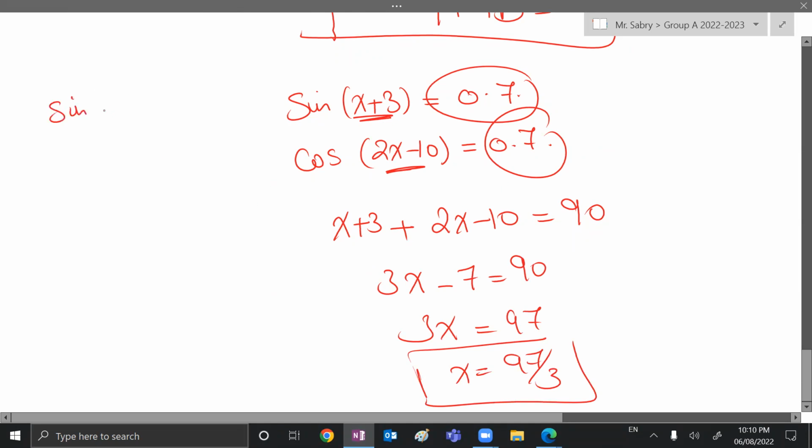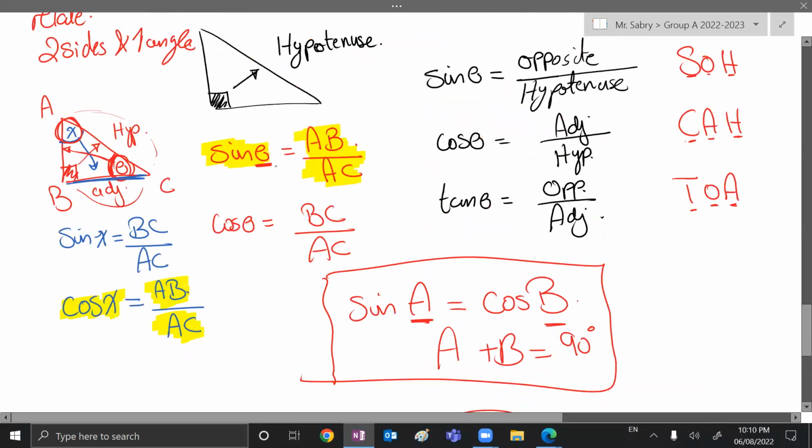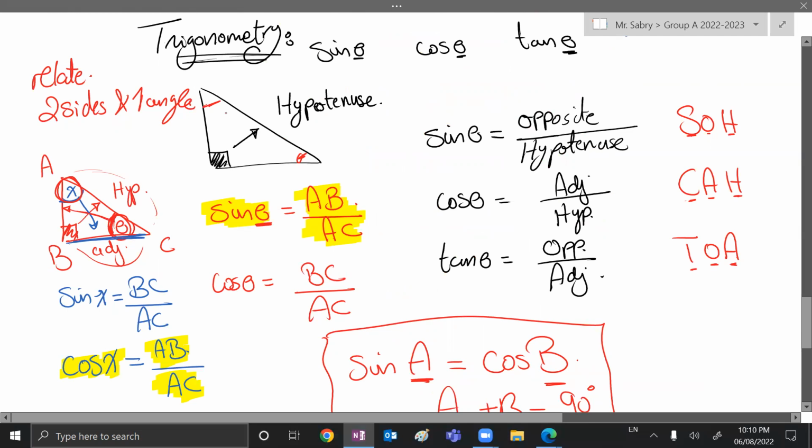Another type of question could be this. Let's say sine A is equal to 0.7, and they ask you what is the value of cosine 90 minus A. A and 90 minus A means you're talking about the two angles in the right triangle that are not 90, this one and that one.